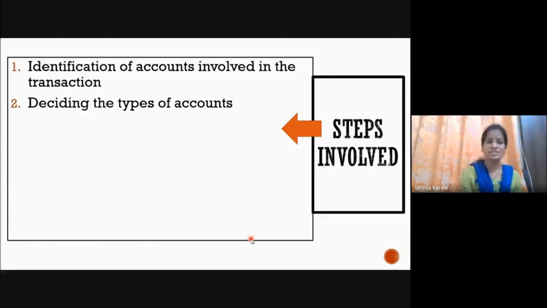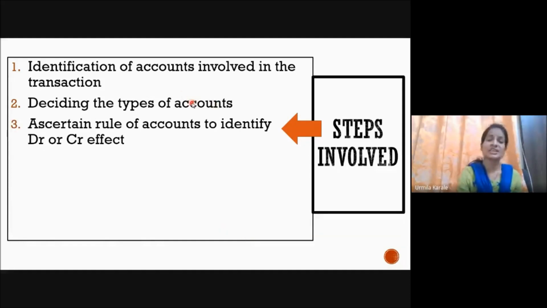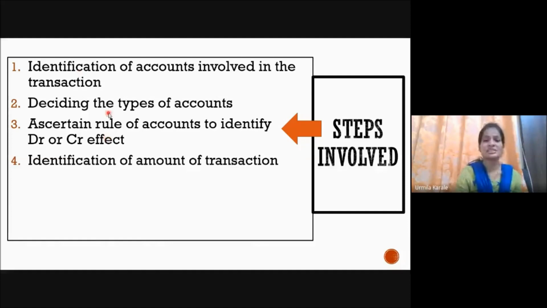Then once you know which type of account it is, you can apply the rules of accounting to identify the debit and credit effect. Once you have identified the account and type, you are able to apply the rule to find out the debit and credit effect. Now, once you are clear with all the details, you need to identify the amount of the transaction by checking the discount effect and the settlement effect, if any, that is given in the transaction, and then you are going to record the transaction.